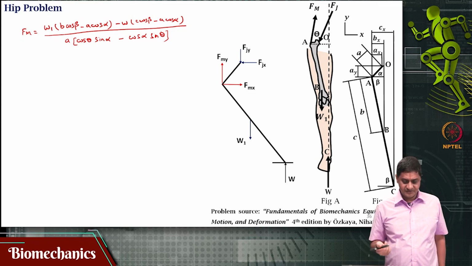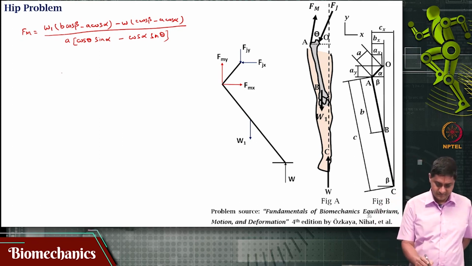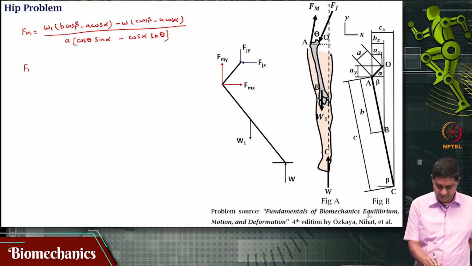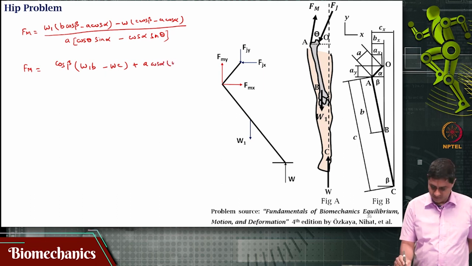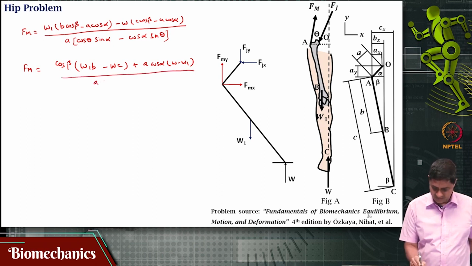I can further simplify this. That will give me Fm as cos beta times (W1b minus Wc) plus A cos alpha times (W minus W1), this whole thing divided by A times sin of alpha minus theta.